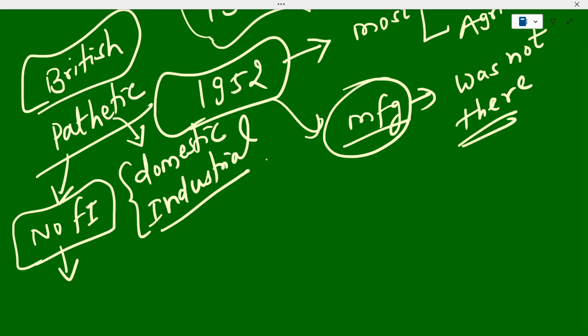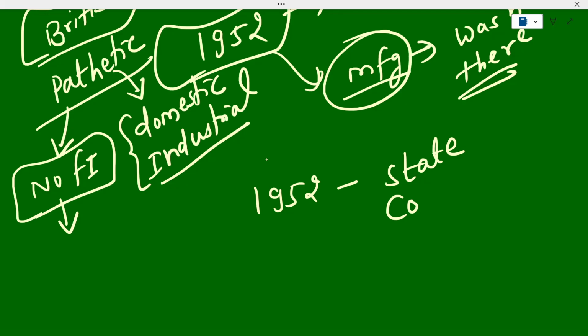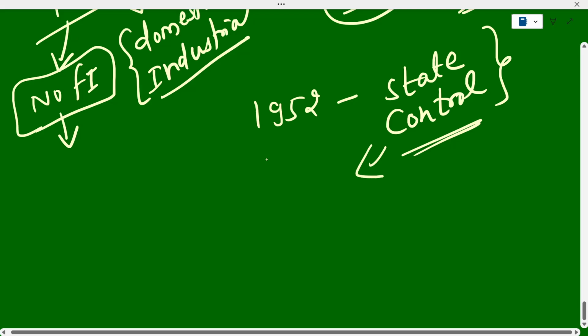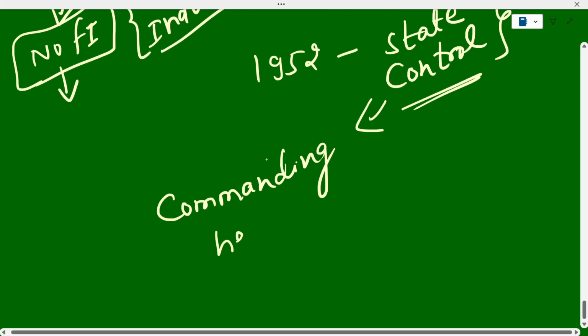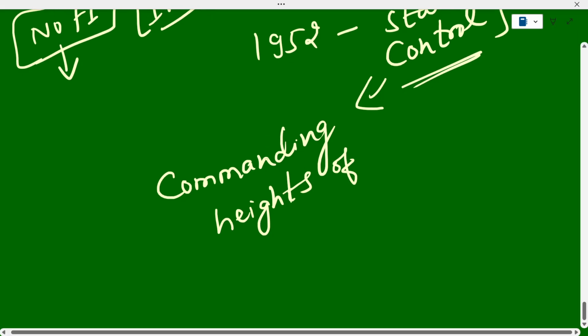So the situation at that time, during 1952, needed state control. It required the state to control the commanding heights of the economy. And this phrase, controlling the commanding heights of the economy, means the state needed to look after and undertake the production and ownership of essential goods.